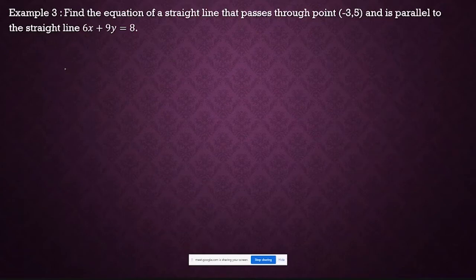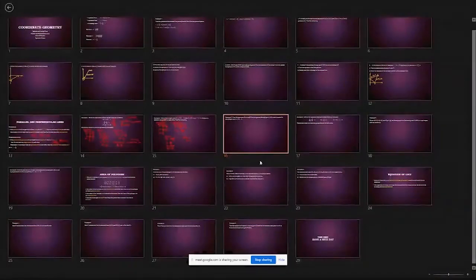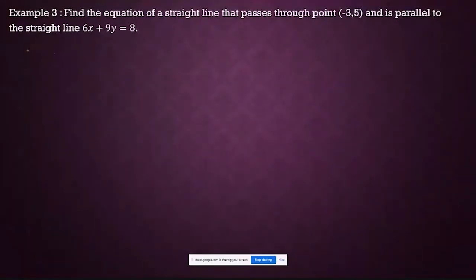So if I draw, the situation is like this. And we draw the two lines which are parallel.